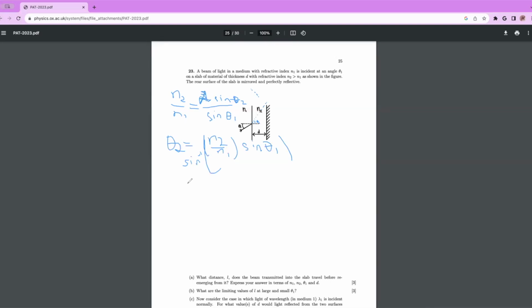2 times D over the cosine, right? Cos theta 2. And that's going to be 2D over, okay, cosine of arcsine is root of 1 minus x squared.